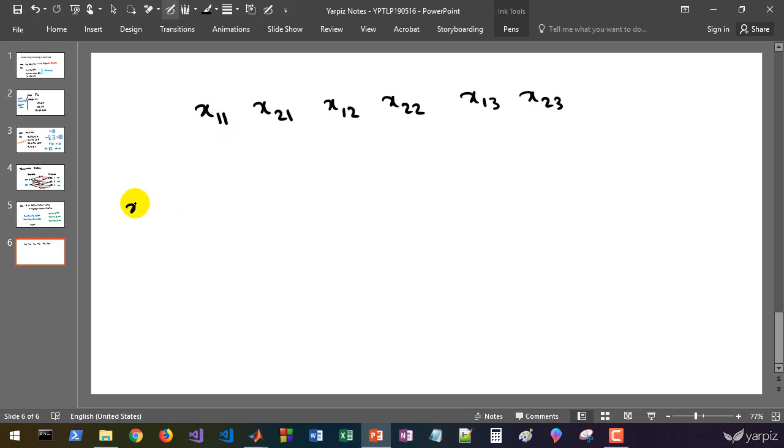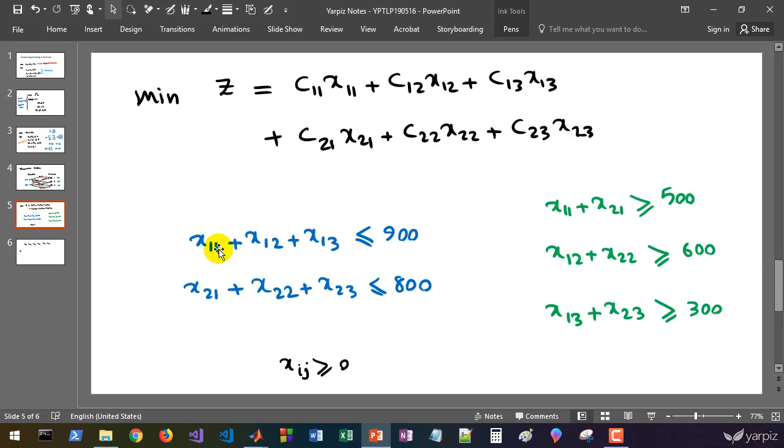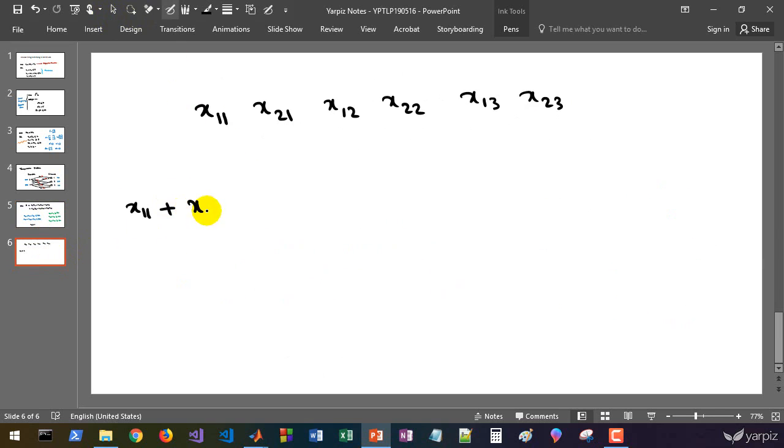So let's define this: x11 plus x12 plus x13 less than or equal to 900. If you'd like to represent this using this notation, knowing this as a vector of decision variables, you see that this is a column vector.